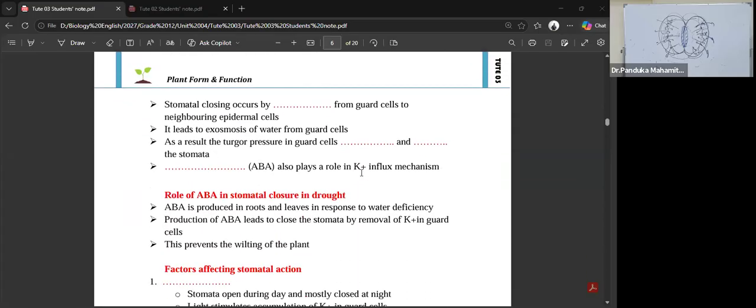Then, stomatal closing occurs by loss of potassium ions from the guard cells to the neighboring epidermal cells.